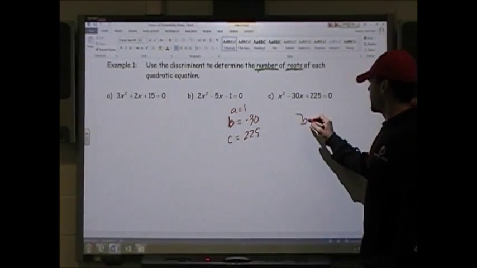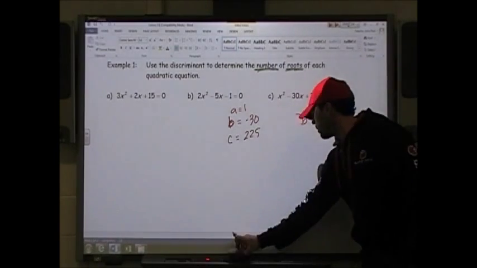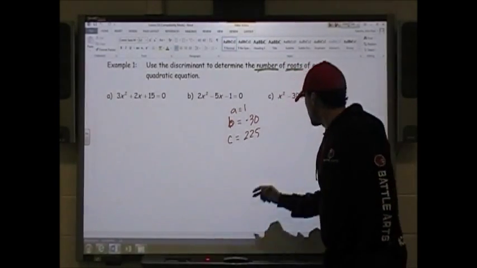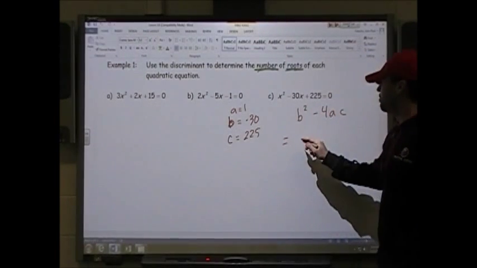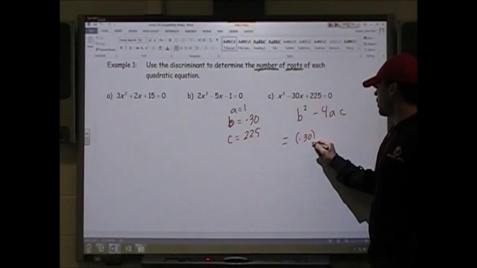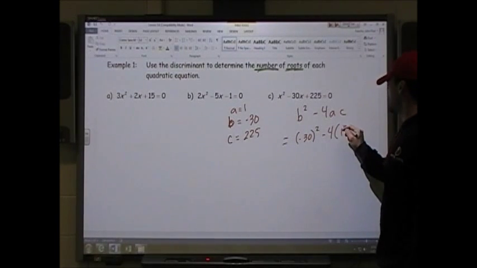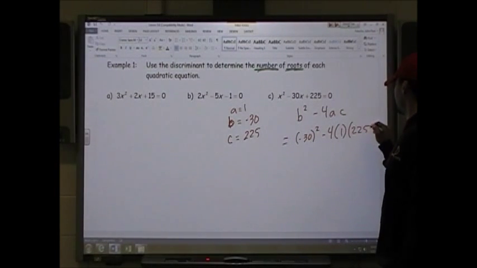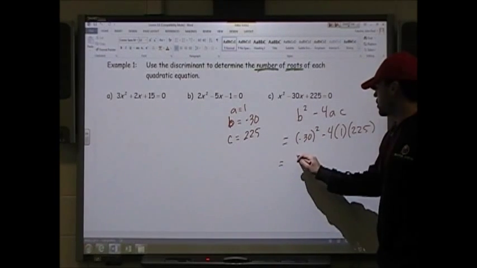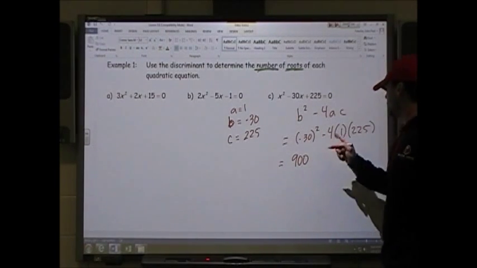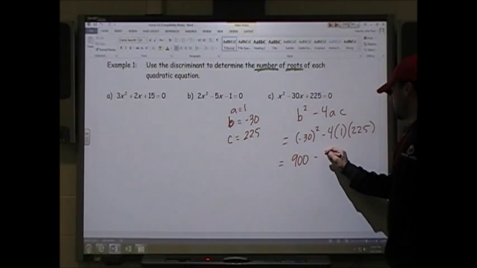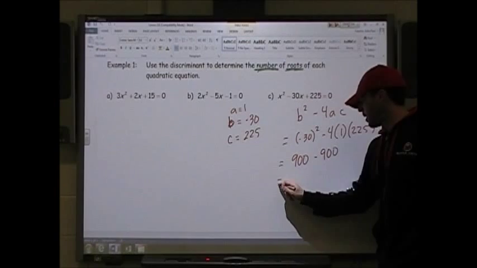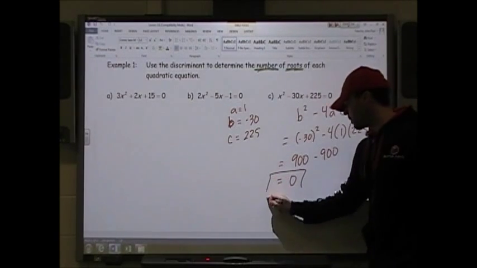So looking at the discriminant, b squared minus 4ac, b is negative 30 all squared, minus 4 times a, which is 1, times c, which is 225. Negative 30 all squared is 900, and negative 4 times 1 times 225 is 900. I get 900 minus 900, which is 0.